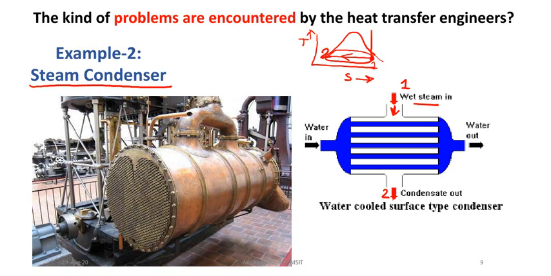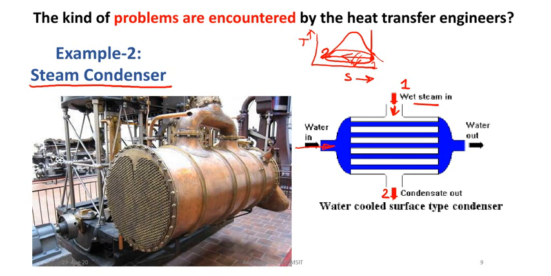Now how is this heat exchanged, where does this heat go, or who is taking this heat? For that, definitely you have to supply cold water. Here you can see the cold water is supplied, and these blue pipelines, or rather the blue tubes, indicate the cold water passing in this region, and surrounding those tubes, outside them, is the wet steam.